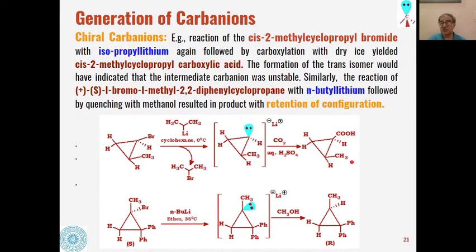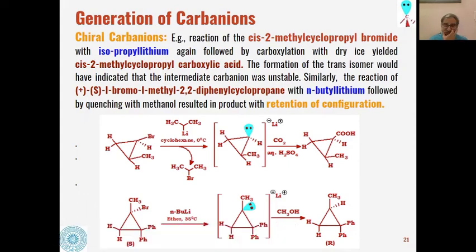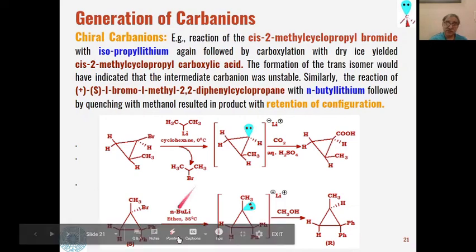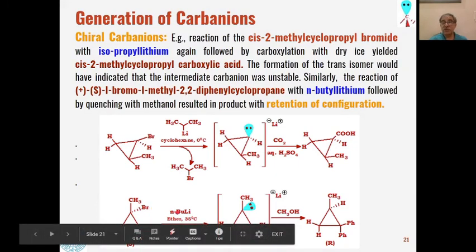And then another example is this one. This is S 1 bromo 1 methyl 2 diphenyl cyclopropane. Here also, if this is reacted with n-butyl lithium in the presence of ether at 35 degrees centigrade, the n-butyl lithium will interact with the Br over here. Butyl bromide will be formed, and a carbanion will be generated at this place, and this will be a chiral carbanion.